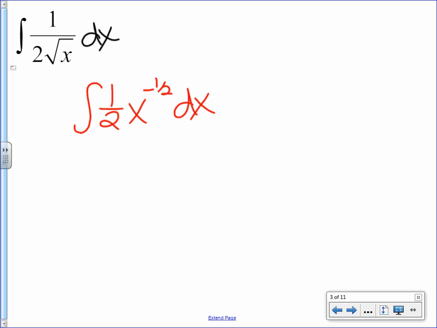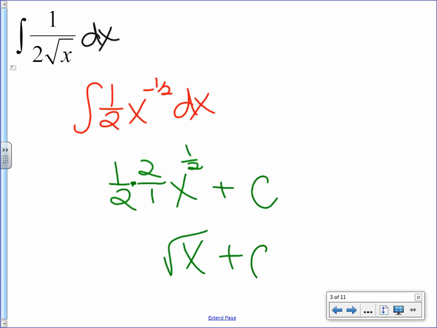You can't be blinded by the power rule. So now, when we integrate, we get x to the 1/2 over 1/2, times 2. It's the square root of x plus 2.